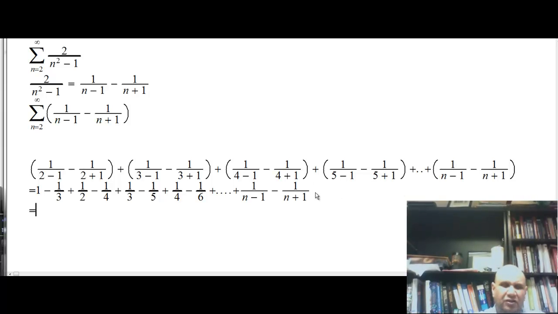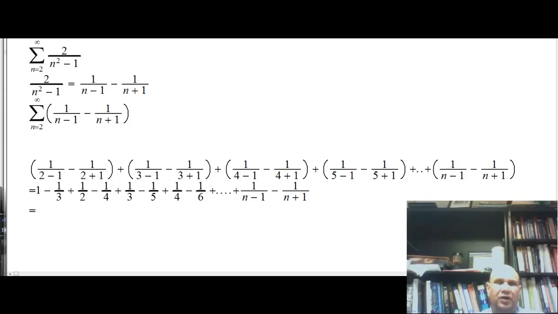Are we good? So you can see 1/3 gets cancelled by this 1/3, this 1/4 will be cancelled by this 1/4, this negative 1/5 will be cancelled by the 6 minus 1 that comes up.